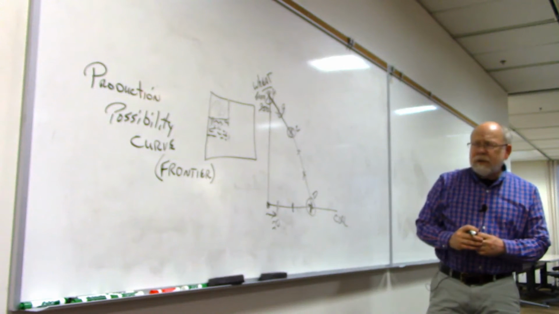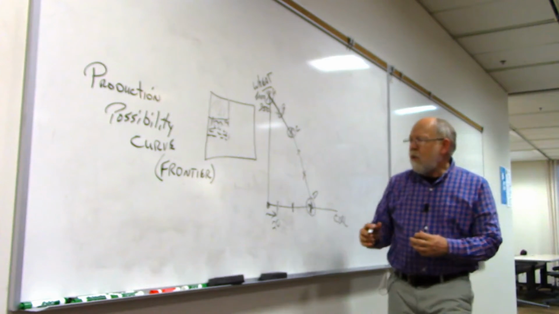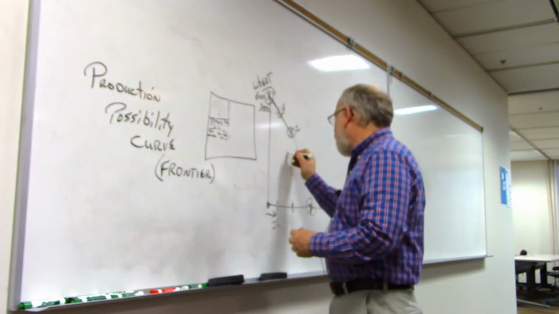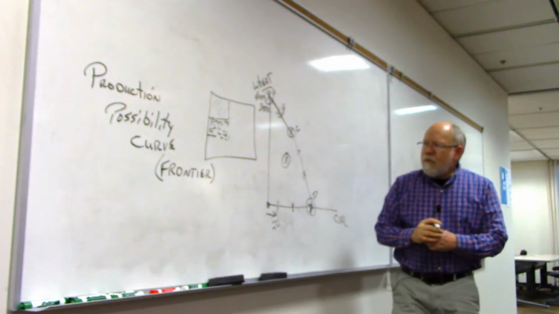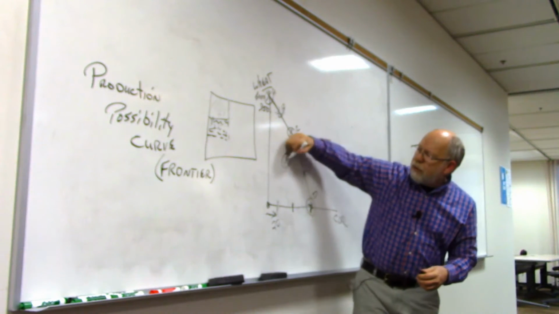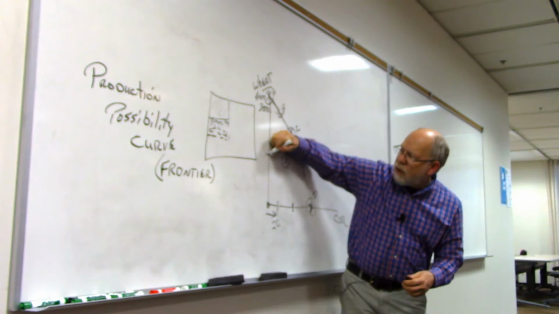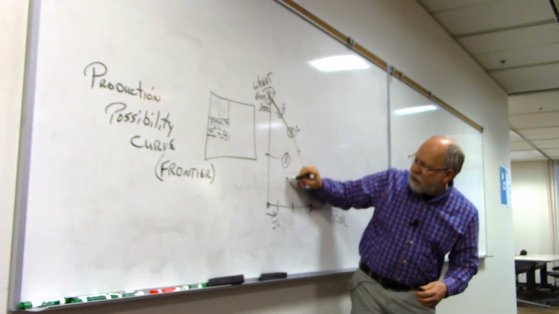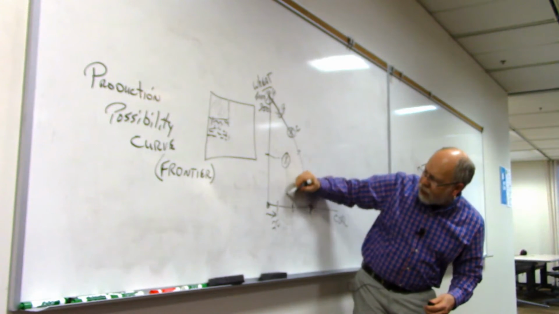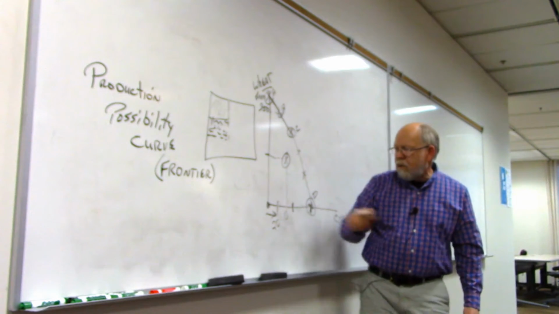Now, notice it's possible that we could be inside our curve someplace. If we're inside our curve, we're only producing this amount of wheat and this amount, if I could draw straight down, this amount of coal.